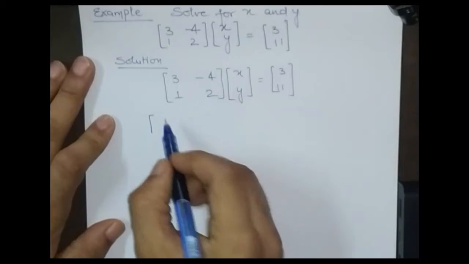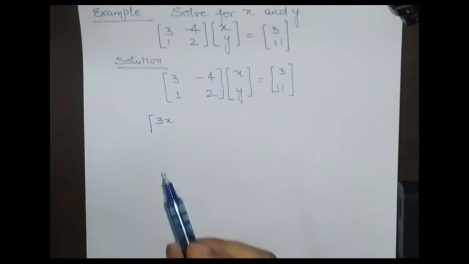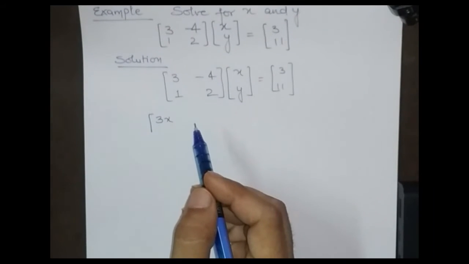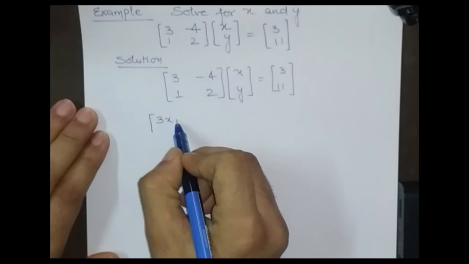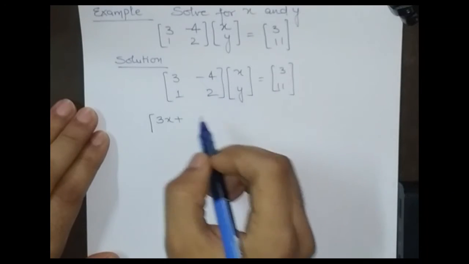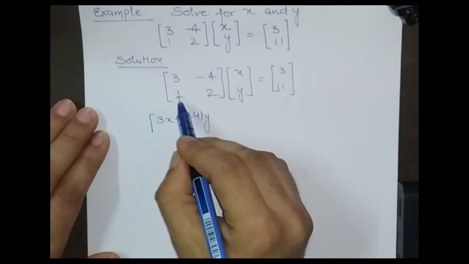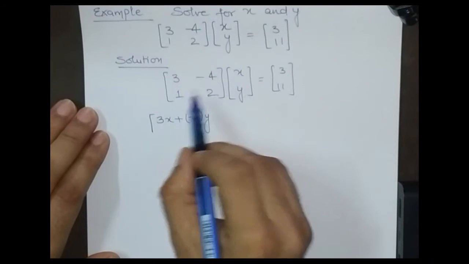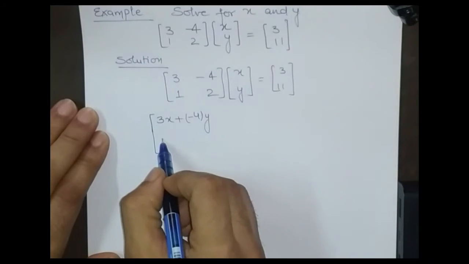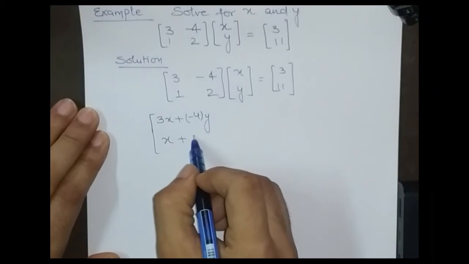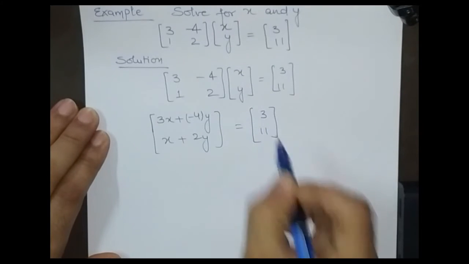3 into x, 3x, plus minus 4 into y, minus 4y. Now 1 into x, 1x plus 2 into y, 2y is equal to [3, 11].